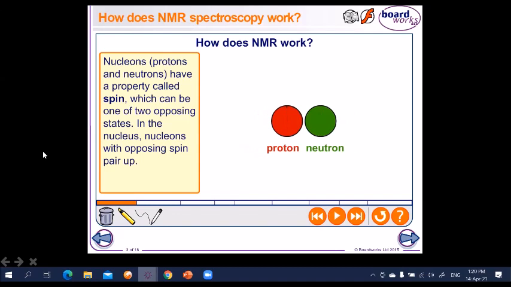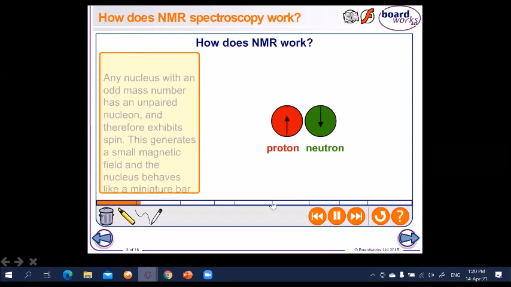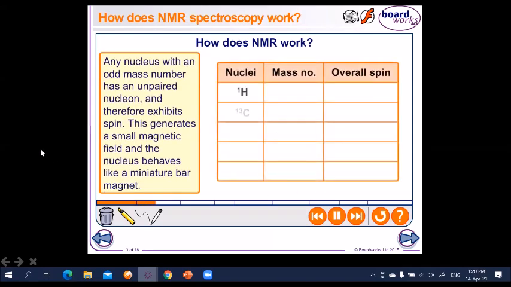In the nucleus, the nucleons with opposing spin will pair up. Any nucleus with an odd mass number has an unpaired nucleon and therefore exhibits spin. This generates a small magnetic field and the nucleus behaves like a miniature bar magnet.